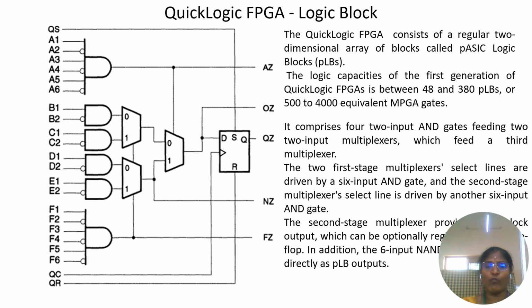It comprises 4 2-input AND gates feeding two 2-input multiplexers, which feed a third multiplexer. The first two-stage multiplexer select lines are driven by a 6-input AND gate, and the second stage multiplexer select line is driven by another 6-input AND gate. The second stage multiplexer output goes to a D register, which has a clock that can optionally be used. So this is about the Quicklogic FPGA.